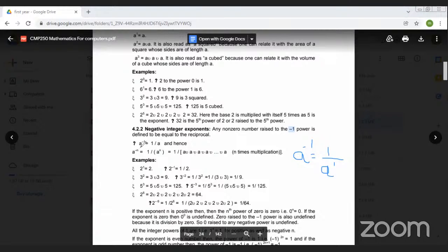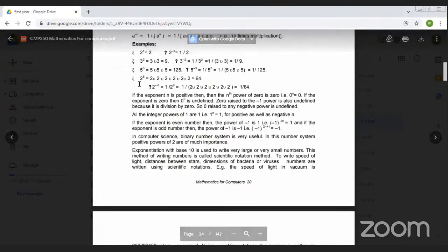Similarly, if I'm having a raised to minus n, it becomes 1 upon a raised to n, where a raised to n is n times multiplication. Understood, students?